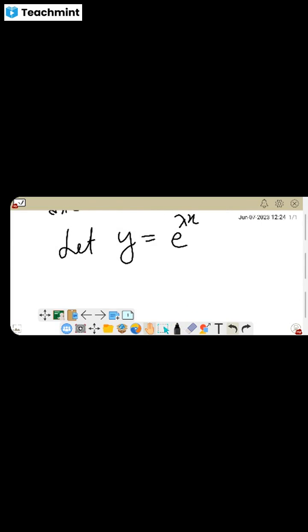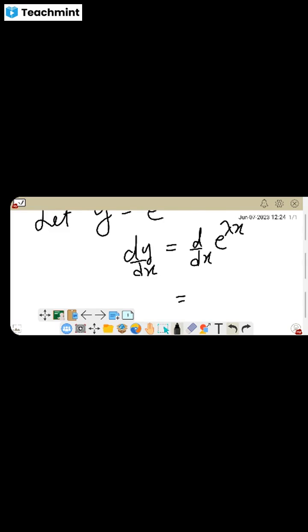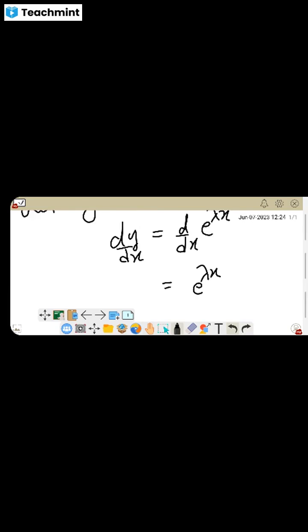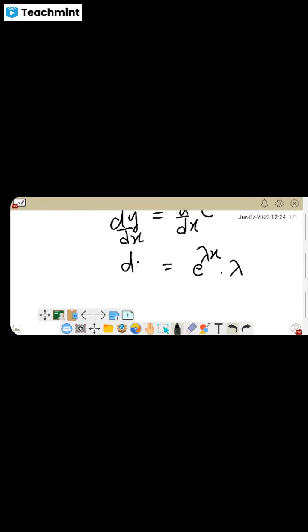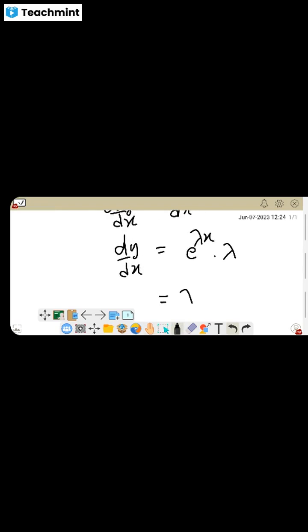Now let us find the first order derivative. Differentiation of e to the power lambda x is e to the power lambda x, and we differentiate the exponent also by chain rule. Are you getting this point? Yes, ma'am. So we have lambda, because the differentiation of x is 1. So the first order derivative is lambda into e to the power lambda x.